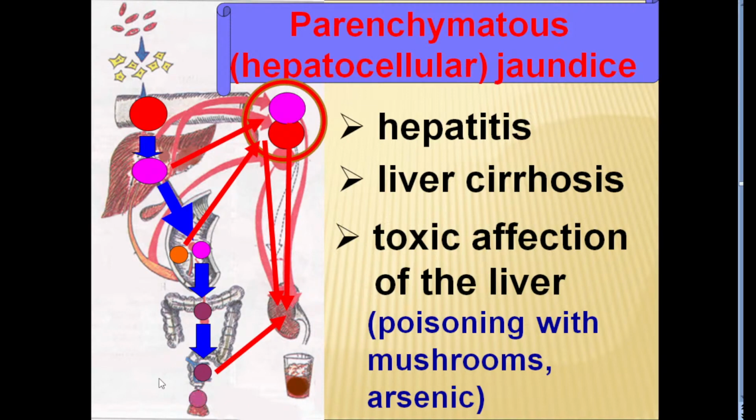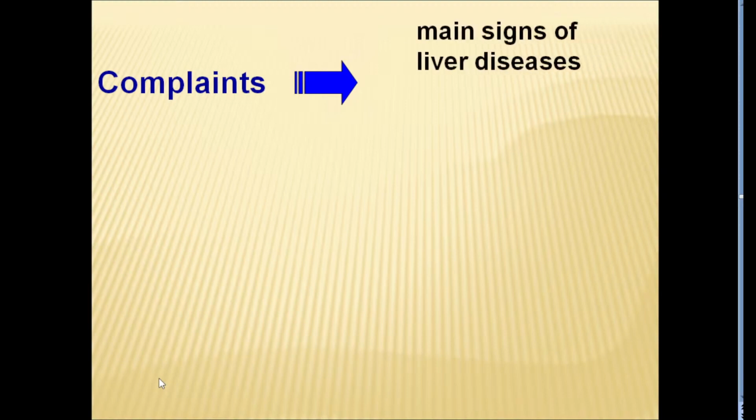Let's look at the clinical picture. The patient complains of any problems which are tightly correlated with affection of the liver. And when you answer this question on the exam, you must remember our first lecture about liver examination and name all complaints which are characteristic for liver diseases.